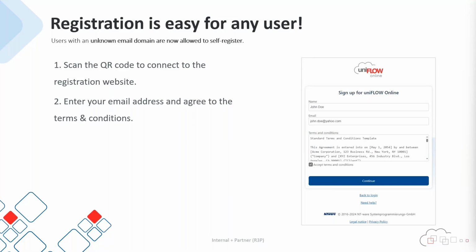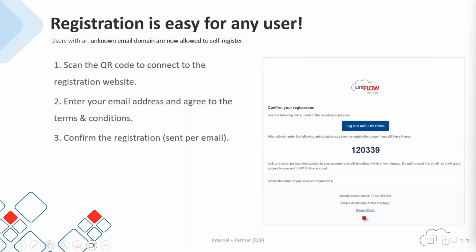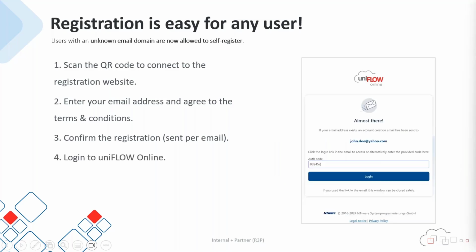They have to look at that and agree to it before they can continue. Then they log on to uniFLOW Online. And then they will have to log into the device to get the code, which will then be sent to them via email.